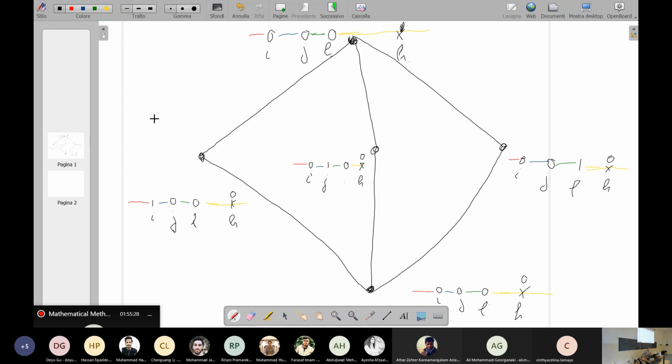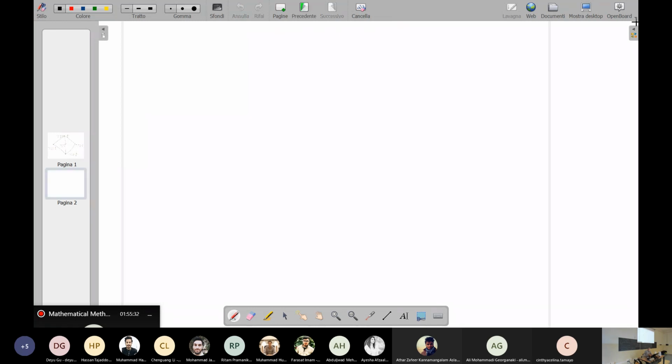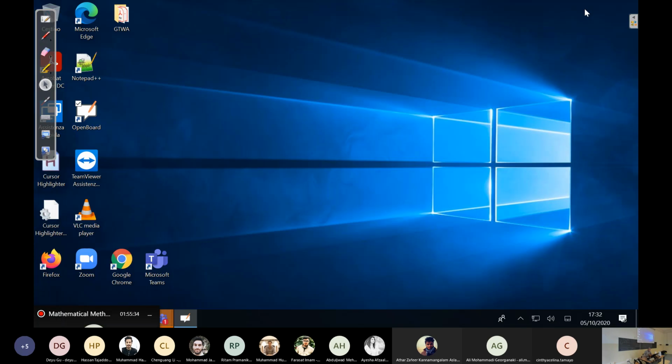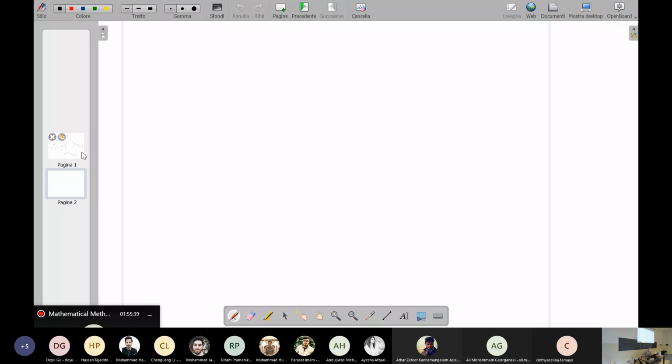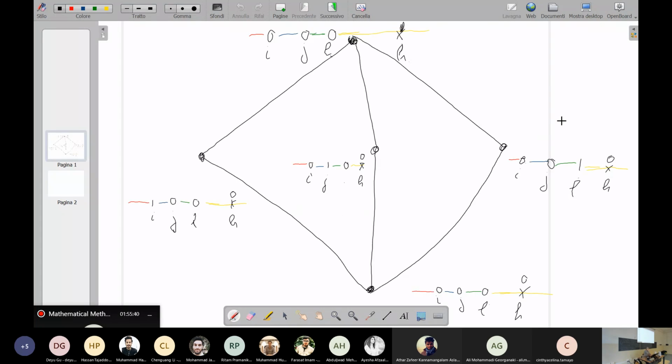Okay, let's go to this other one. A subgraph has to differ from another subgraph in just one position. What do you mean? A subgraph means that these are some vertices of a K-cube. This is a bipartite subgraph.